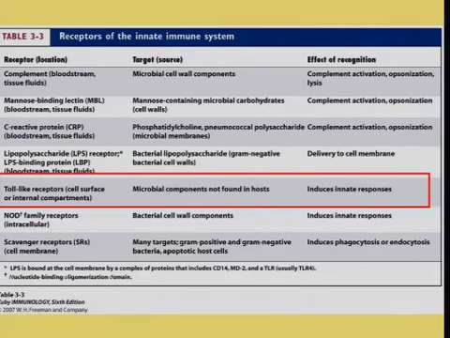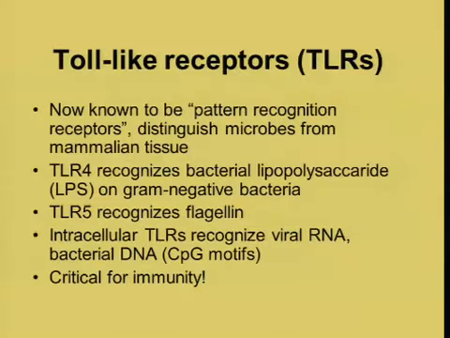Now, there's a whole bunch of different receptors, and what they do is recognize patterns of pathogenicity, things that are usually associated with a bacterium, for example. Now, toll-like receptors differ in their function because some can recognize extracellular pathogens, while others can recognize intracellular pathogens.